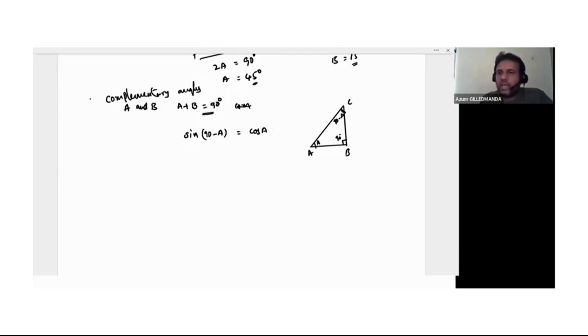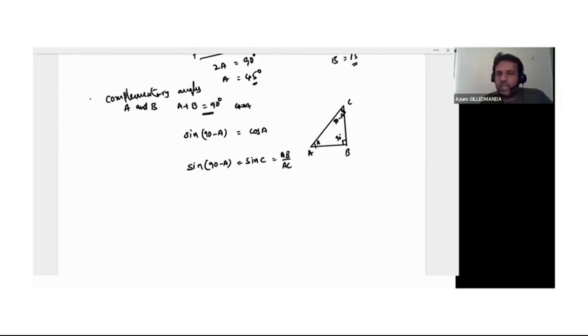So what is sine 90 minus A? First I will find that value, sine of 90 minus A, or sine C basically. Sine C is the opposite side, that is AB by AC.